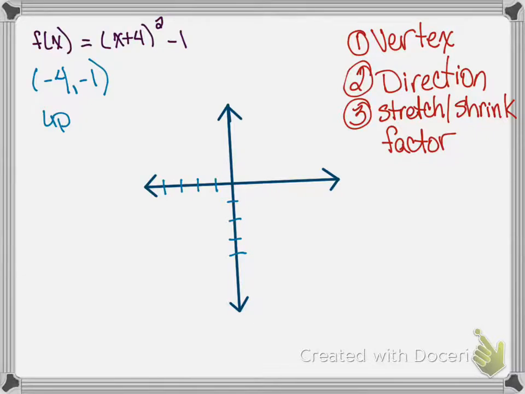Do I have a stretching and shrinking factor? No, it's just 1. Okay, I've got my vertex, -4, -1. 1, 2, 3, 4. So there's my vertex right there. Now I must find another point. I have to have a second point.